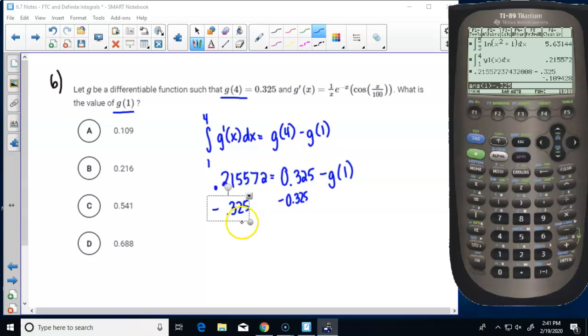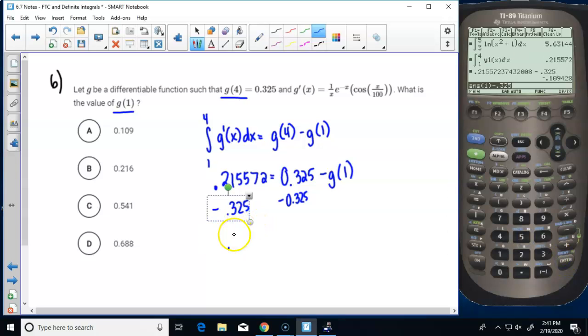And when we do, we're going to get negative 0.109, but that equals negative g of 1, so g of 1 is going to be positive 0.109, which is 8. Okay, questions?